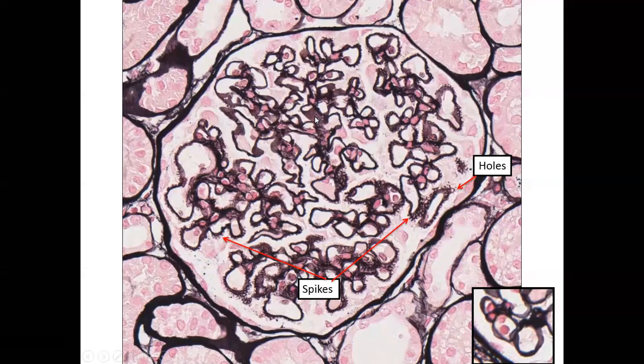The case I just read out on Friday only had these holes right on the en-face section of the capillary walls, and when I did IF that same day, I could see the immune complexes right there in that same location on immunofluorescence. So it really matched up with what I saw in histology.